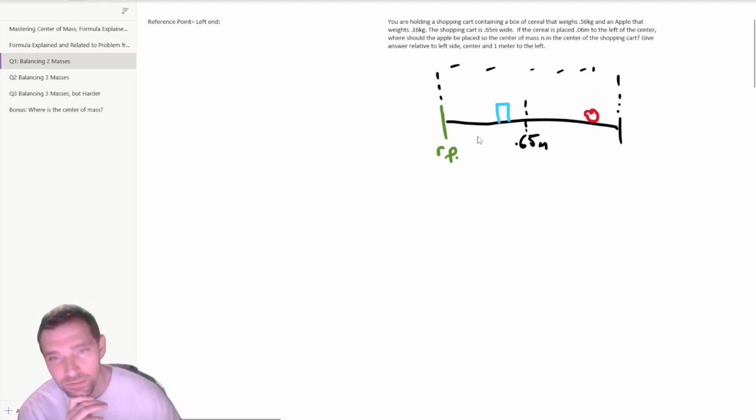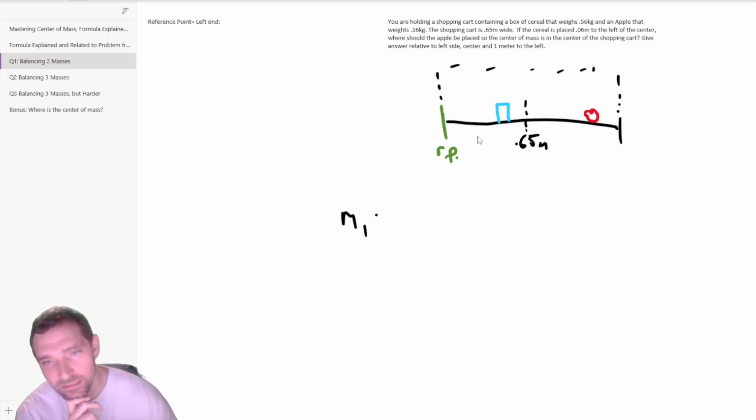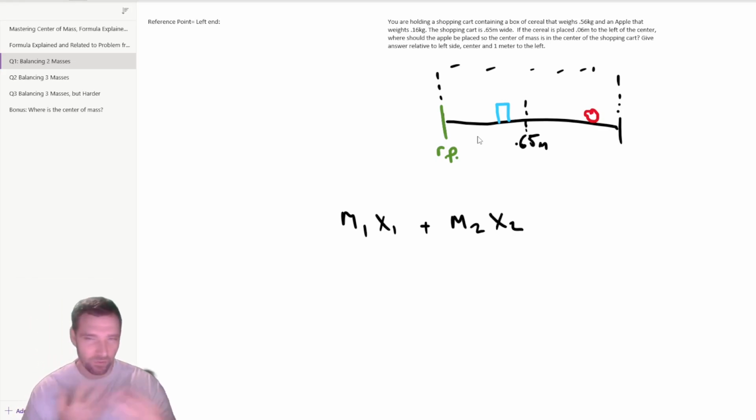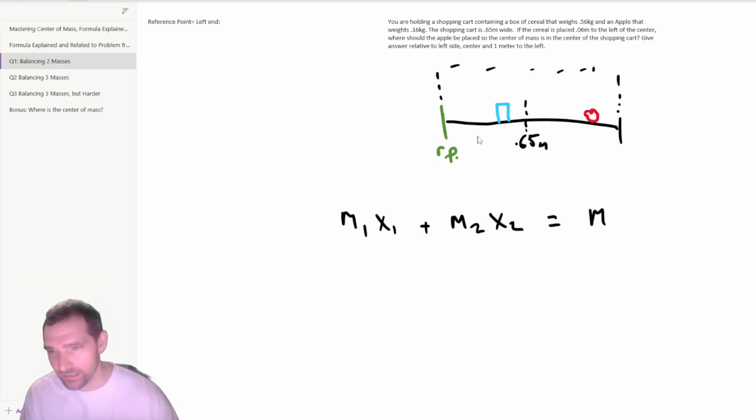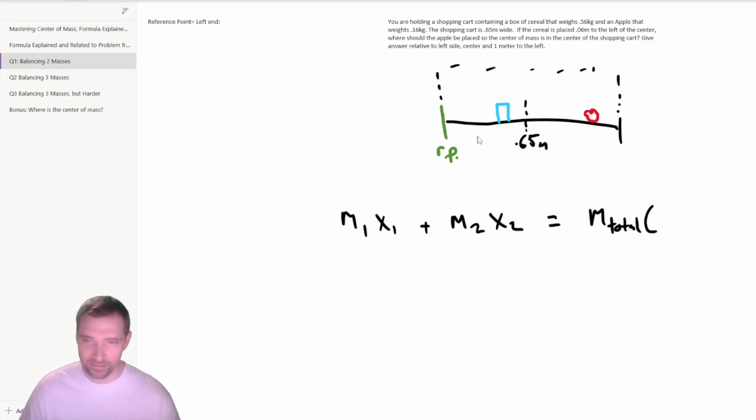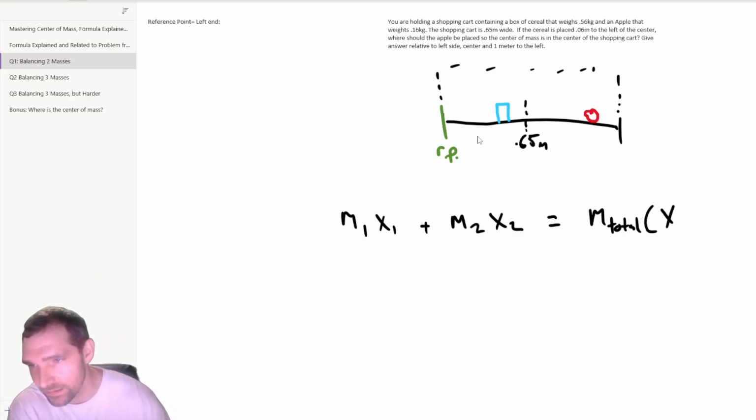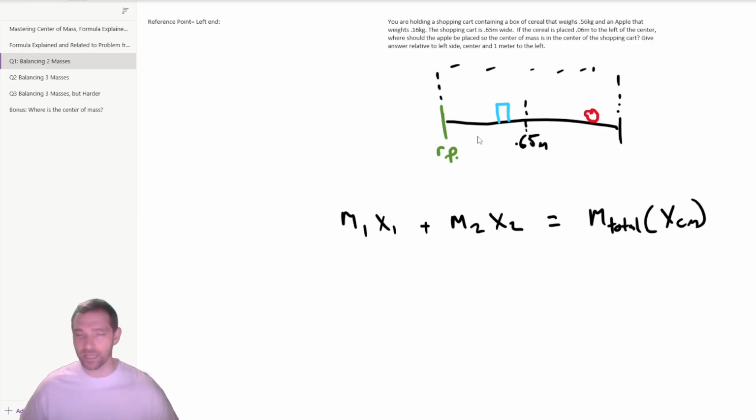So the formula that we're using is m1 x1 plus m2 x2, and we only have two objects here, so you don't need m3 and x3. That should be equal to the total mass times the center, the position of the center of mass.